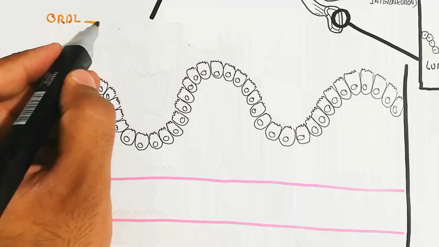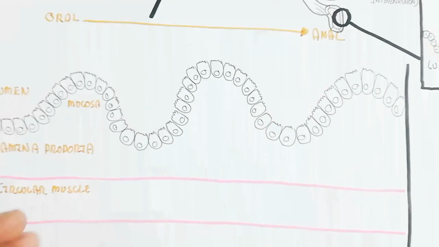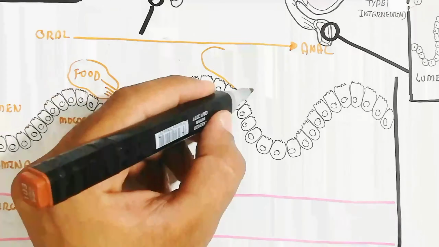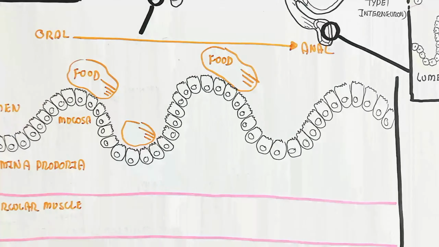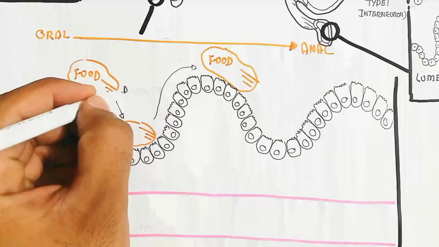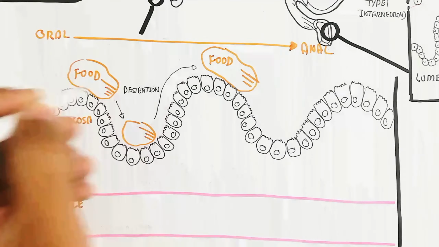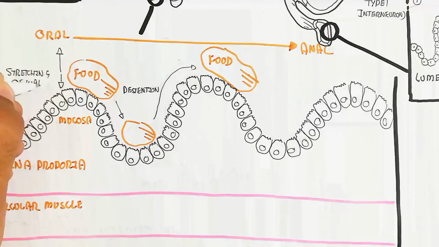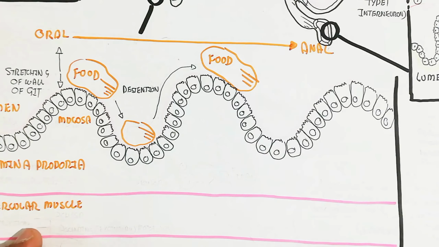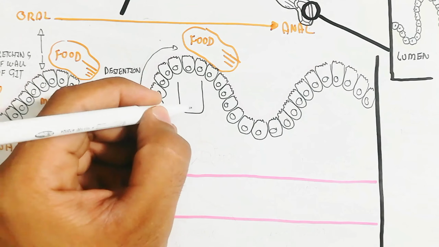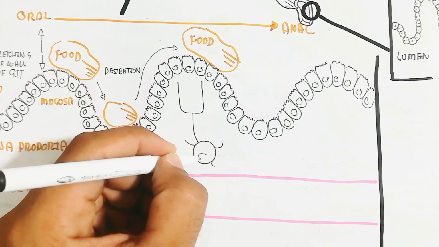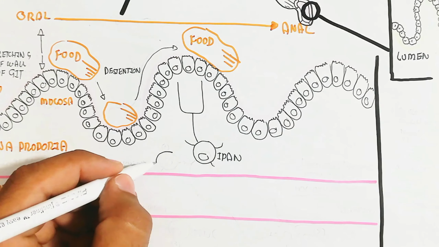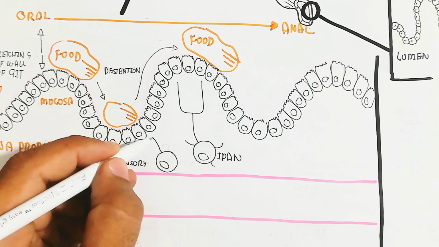Between the circular and longitudinal muscle, the myenteric plexus is present. When food enters, the stretching of the wall of the gastrointestinal tract will be sensed through a sensory neuron, which will give the signal to the inhibitory primary ascending neuron. This inhibitory primary ascending neuron will give the signal to the descending interneuron and the ascending excitatory motor neuron.